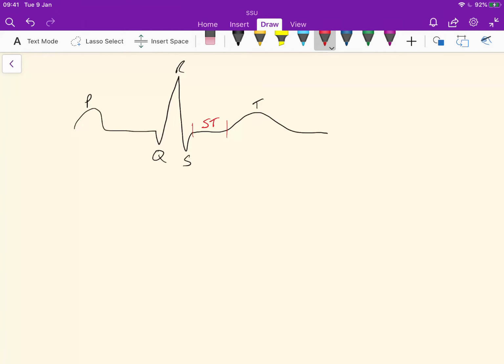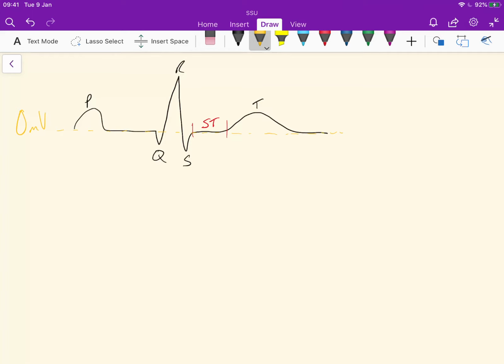That's this bit here. And you'll notice that it is a straight line. That's because it's at the baseline, which in normal healthy tissue is 0 millivolts. So you can see that faint yellow line there. The ST segment is usually at 0 millivolts.